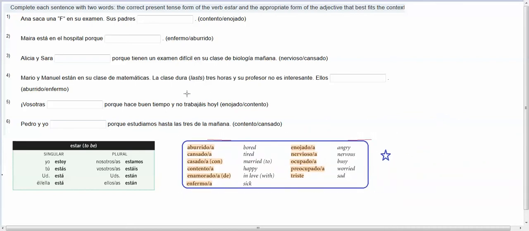So we want to pick which emotion the subjects would be feeling in each sentence, and then we want to use these, because these adjectives go with estar, we also want to conjugate estar correctly.